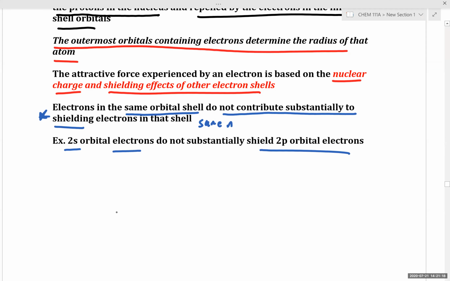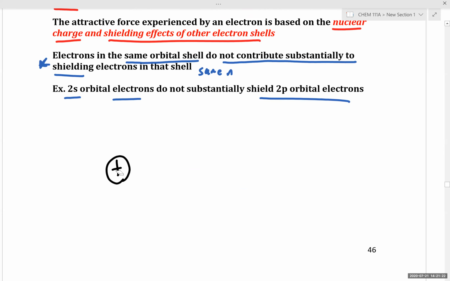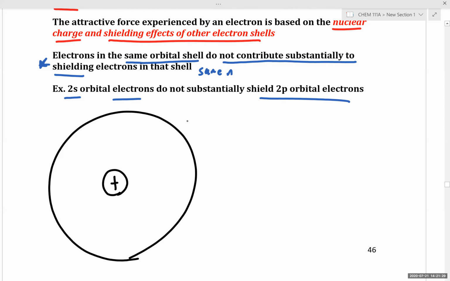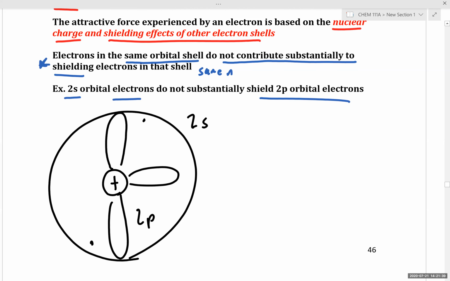So let's just draw a picture to help us visualize that. It's not going to be super perfect, but for example, here are our 2s electrons. And our 2p orbital is going to extend outward about the same distance. So we have 3 2p orbitals.